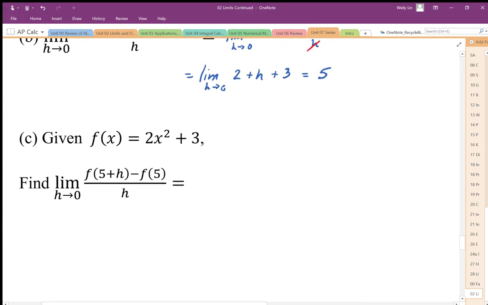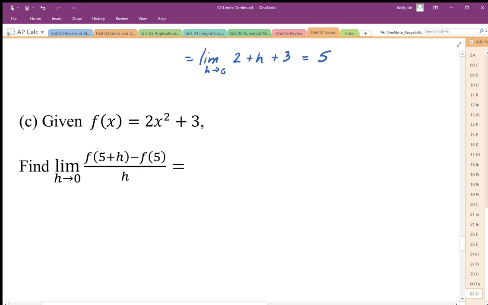So here you've been given some function notation, and then you've been given the limit in function notation. So I just have to figure out, what is f of 5 plus h? Let me just write the limit first: the limit as h goes to 0.